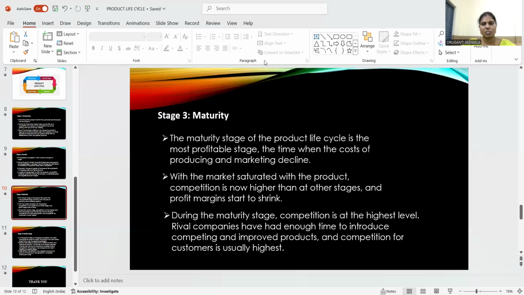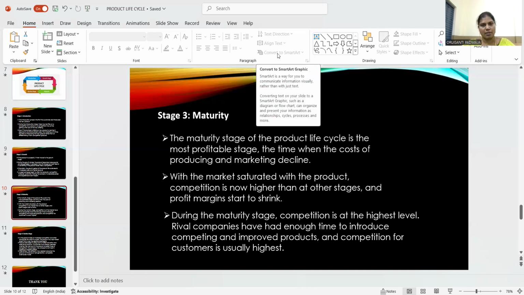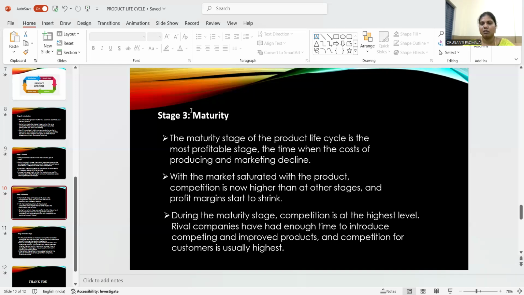Next, coming to the third stage of the product life cycle: maturity. The maturity stage of the product life cycle is the most profitable stage.